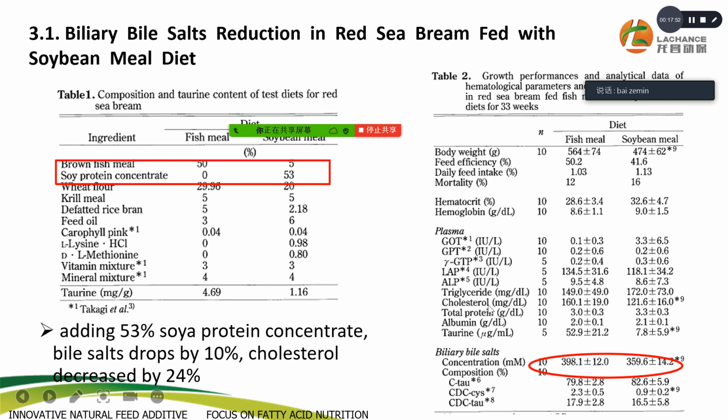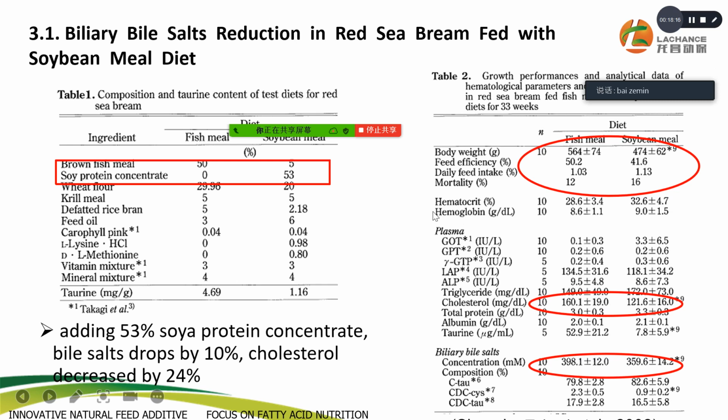And we also got the result on the concentration of bile salt, which decreased by 10%. And for the cholesterol, as we all know, plant protein is short of cholesterol, so that's why the cholesterol dropped by almost 24%.